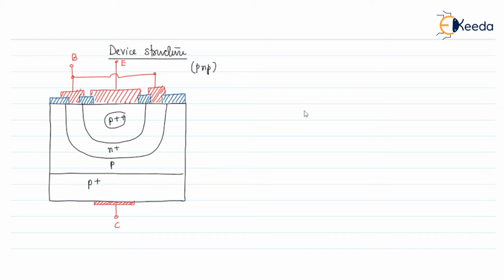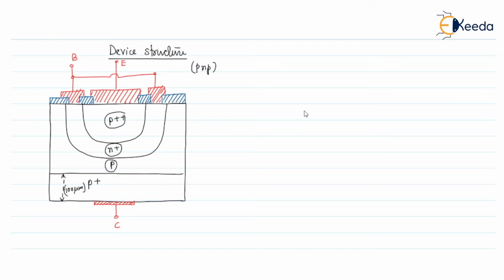Next, the base region is N plus, then the collector is P. So from this structure we can see that the doping of the emitter region is the highest, then the base region doping, and then the collector region doping, and this P plus region in the lower part is the substrate of the transistor. It is near about 100 micrometer thick. Originally the transistor is in the upper region, P plus, N plus.